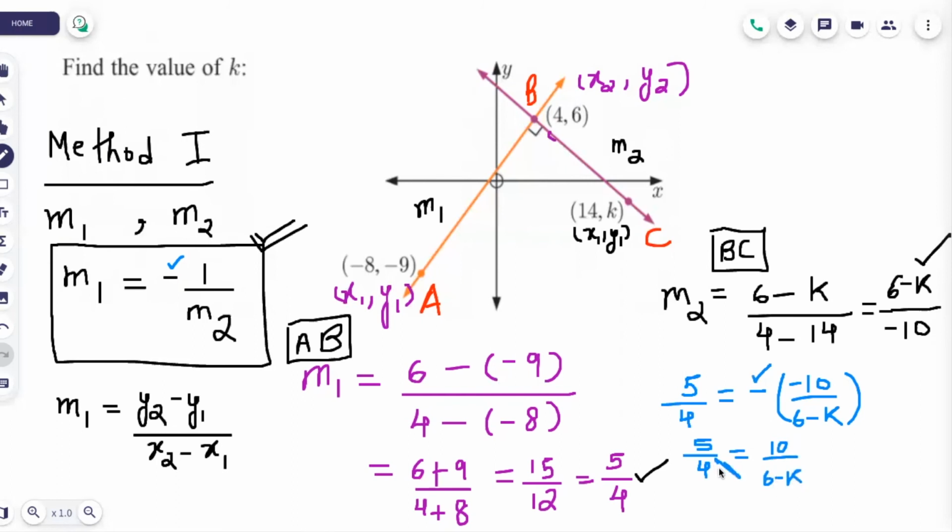Let's cross multiply. So when I cross multiply, I will get 5 times 6, which is 30, minus 5 times k, which is 5k, is equal to 40. Let's keep all the numbers on one side of the equal sign and variables on the other side. So I will shift 40 here and I will shift this 5k to the other side. So this will be 30 minus 40 is equal to 5k.